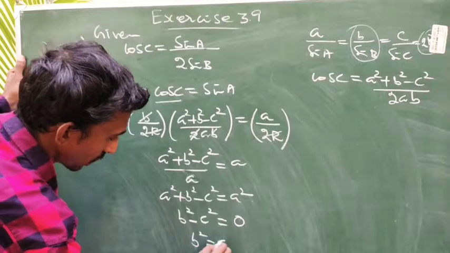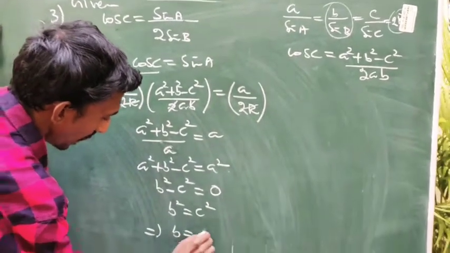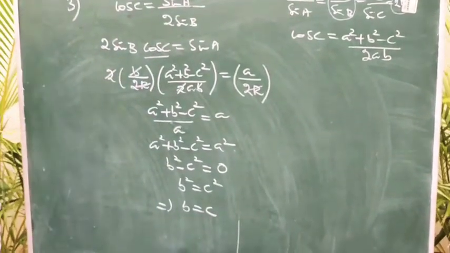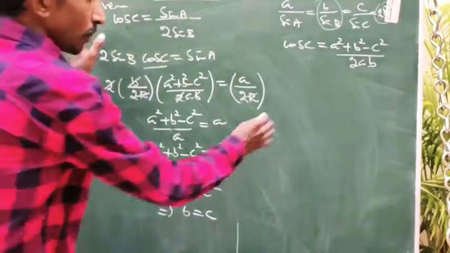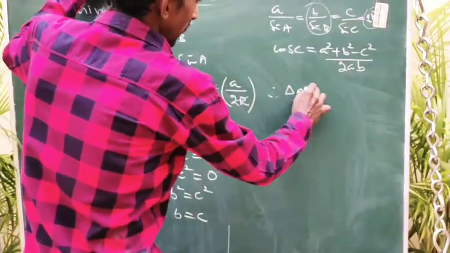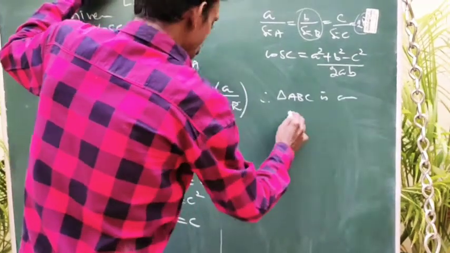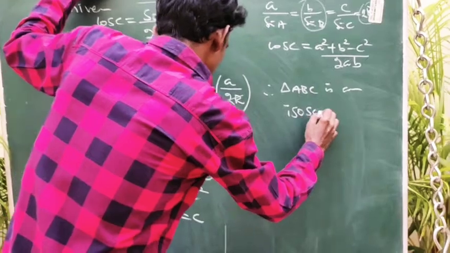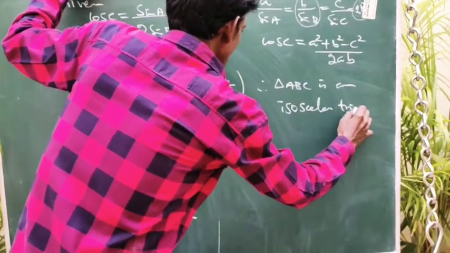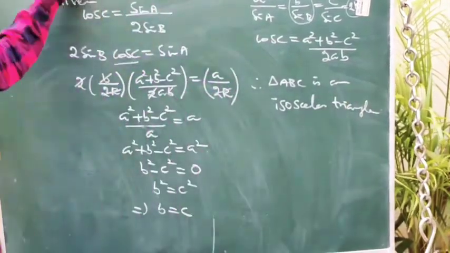So b square equal to c square, which implies b equal to c. So the two sides b and c are equal. Therefore the given triangle ABC is an isosceles triangle. Isosceles triangle. Okay, that is our aim.